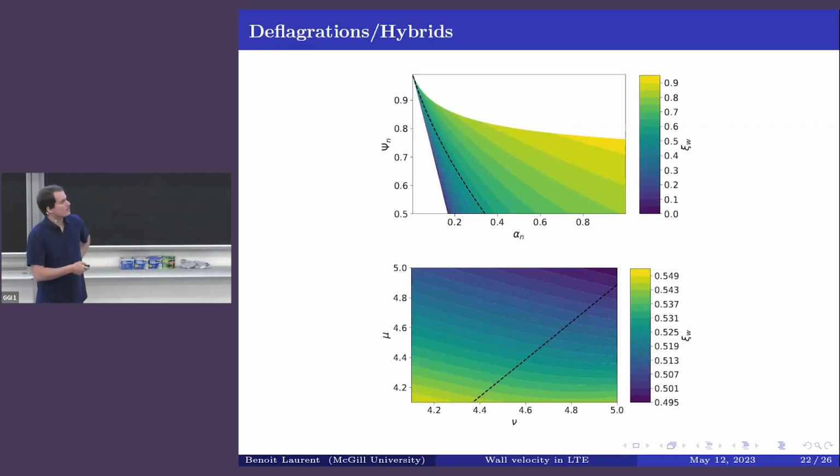But here, what we see is that it happens effectively in this region in white at the top of the plot, but it doesn't happen for smaller value psi at the bottom of the plot.